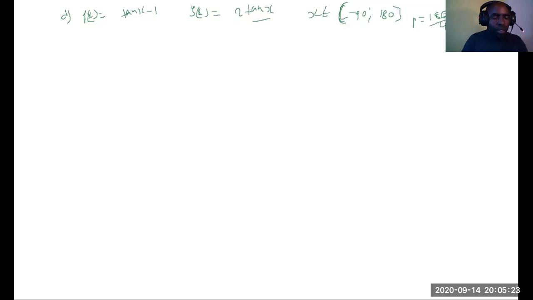Here we have got f of x is equal to tan x minus 1, and our g of x is equal to 2 tan x.